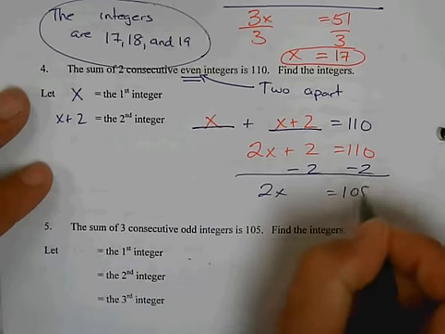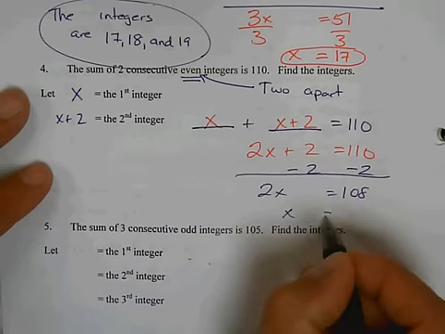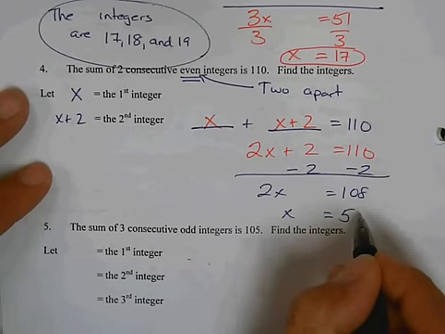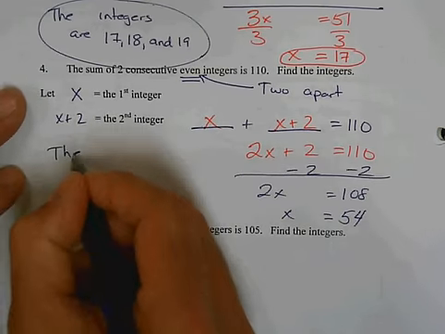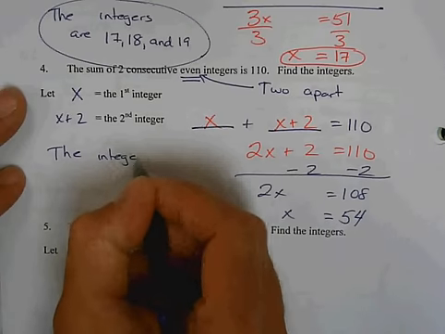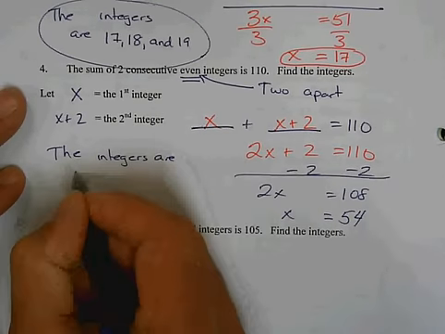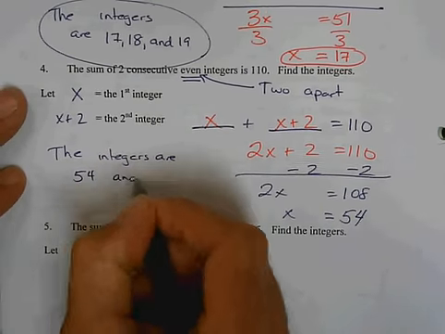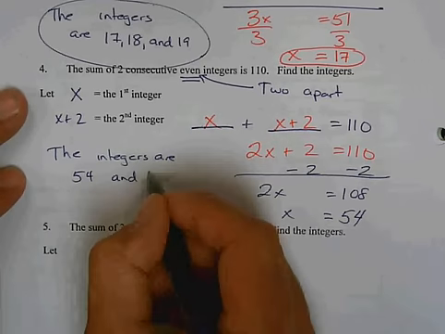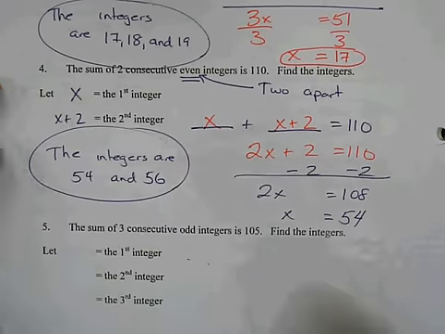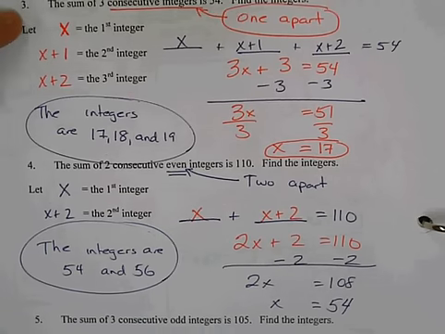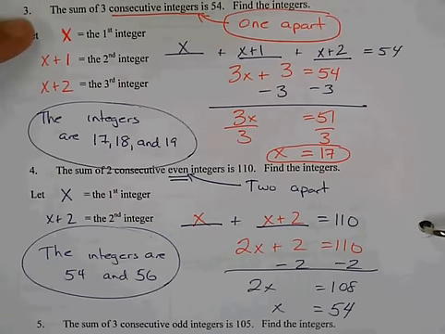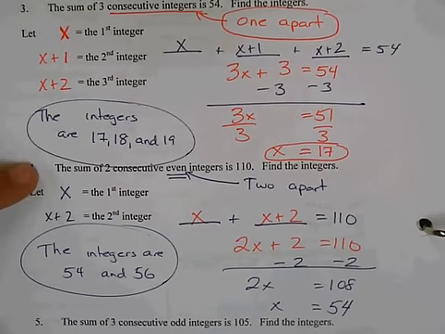Can you divide that one in your head? 54. So, the integers are 54 and 56. What's the only difference between number 1 and number 2? Number 1 was what kind of integers? Consecutive. Number 2 is consecutive evens.